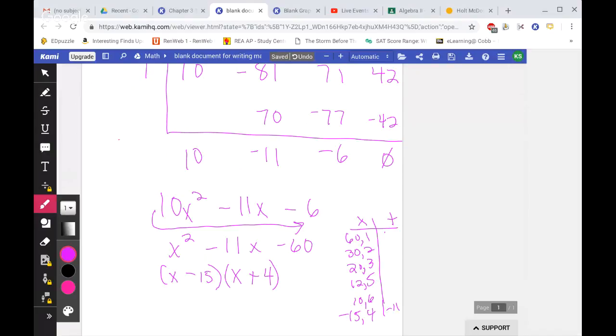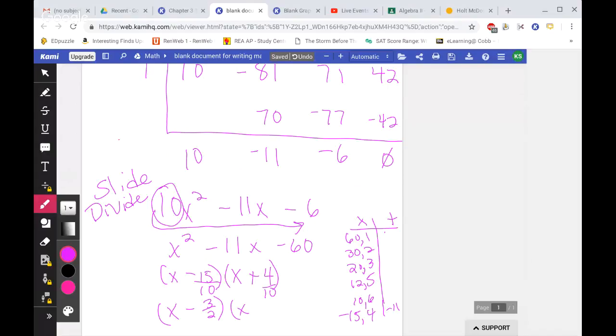Remember earlier when I said we're going to slide? We did our slide. Now we're going to do our divide, because it's called slide and divide. What you're going to do is take that leading coefficient that we slid down and multiplied, and divide it by each of our factors. 15 over 10 actually reduces to 3 over 2.